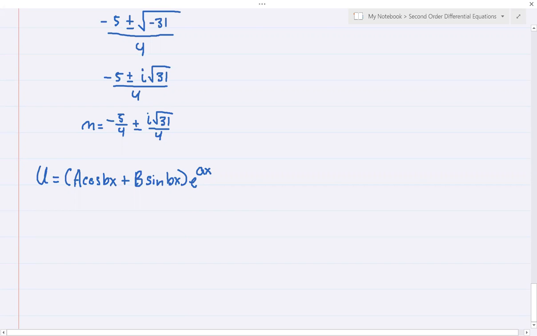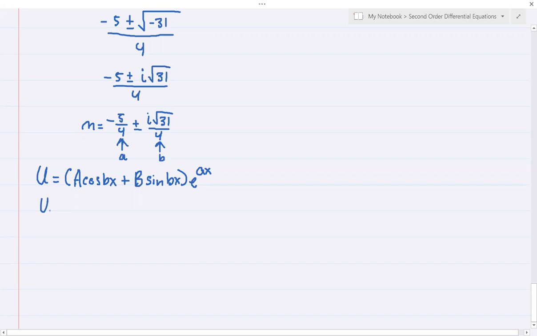If you recall the first video about second order homogeneous differential equations, this is your small a and this is your small b.